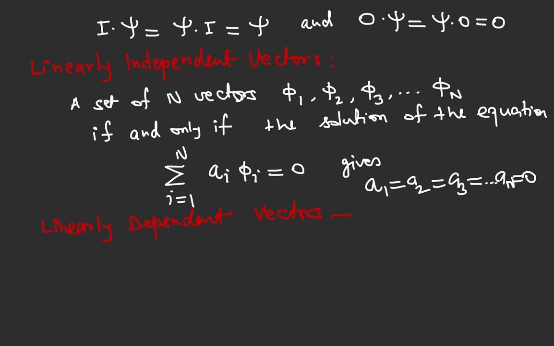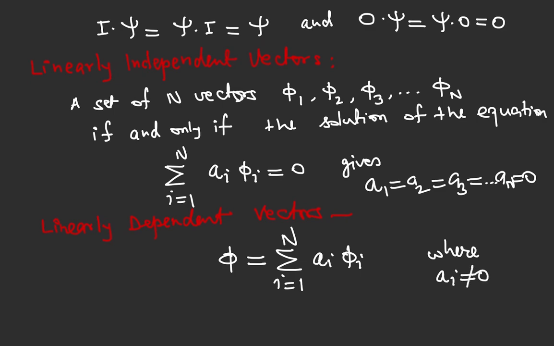Then in that case, a vector phi can be expressed as a linear combination of a_i phi_i, summation i equals 1 to n, where some a_i is not equal to 0.